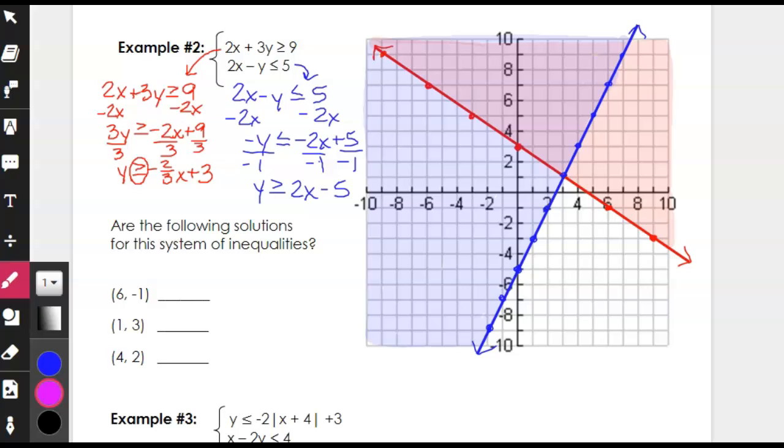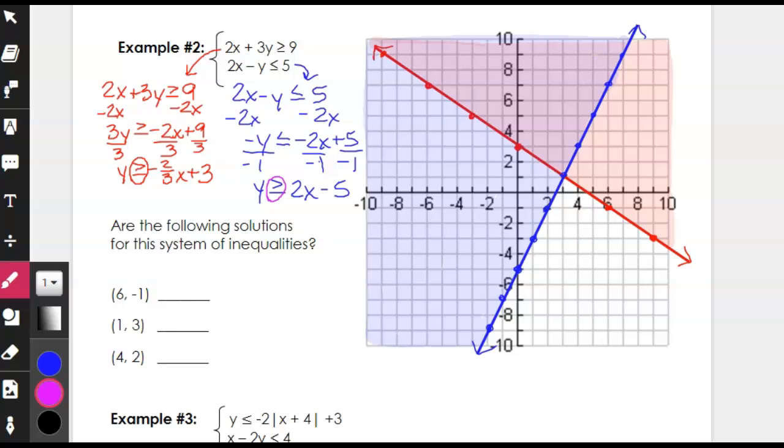Okay, so hopefully when you solved that second equation for y, you realized that you had to get rid of the negative in front of the y. So you had to divide everything by -1, which meant that you flip the inequality sign, and instead of being less than or equal to, it is now greater than or equal to, right here. So when you graph your line, it should have a positive slope.